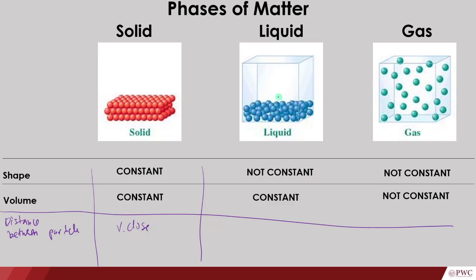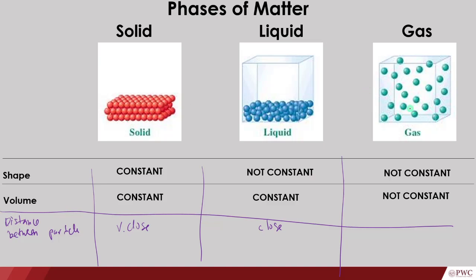For liquids, it's also close, still close but not that close compared to solids. Also, for liquids, the particles can still move around each other, so they have freedom to move around. While for solids, since they are very close, the particles cannot move. These particles are stuck in their places.